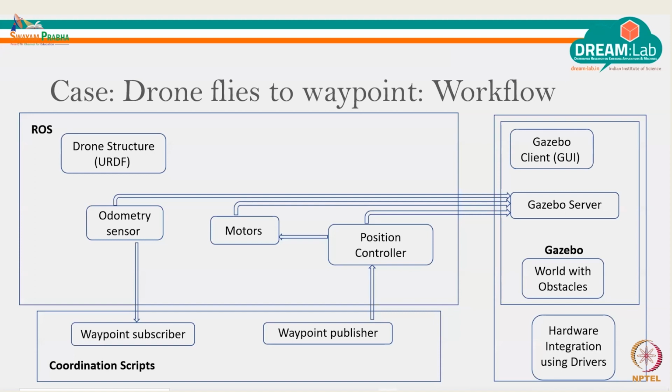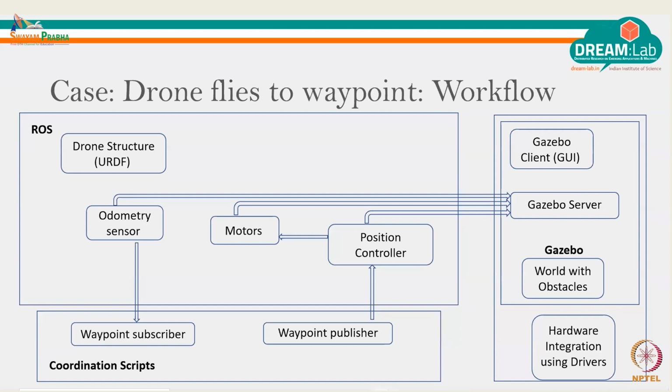So that is being fed to the motors, and the odometry sensor reads the position of the drone. That is being subscribed by the waypoint subscriber. All these nodes, the odometry sensor, the motors, and the position controllers, are attached to the gazebo server. And gazebo is nothing but a simulation of how the real world will look like if we run it in a real environment. So this basically does that.